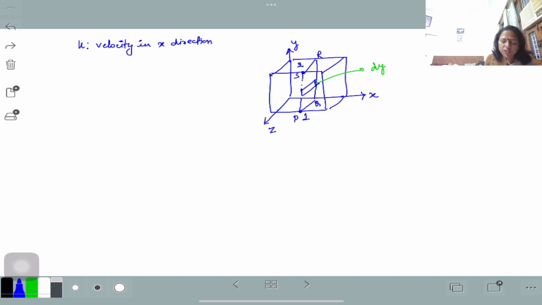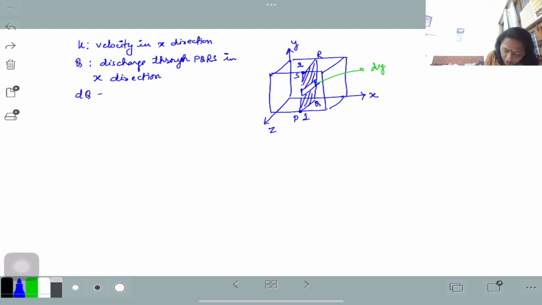If u is the velocity in x direction and q is the discharge through PQRS, this small portion, in x direction, then what will happen?